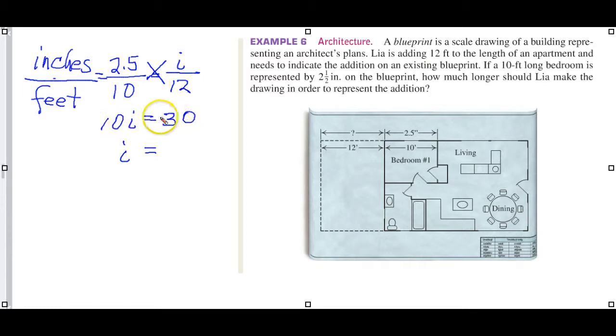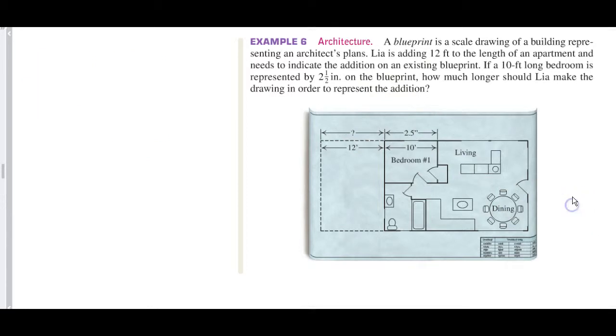So now we divide both sides by 10, and we get 3. So over here, this will be 3 inches. And these two little marks here indicate inches as a shortcut, and a single one is feet, for any of our foreign students that may not know what that means.